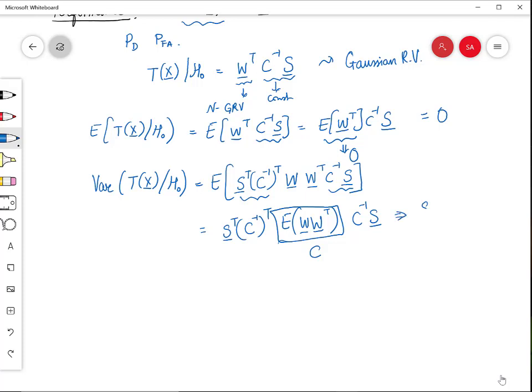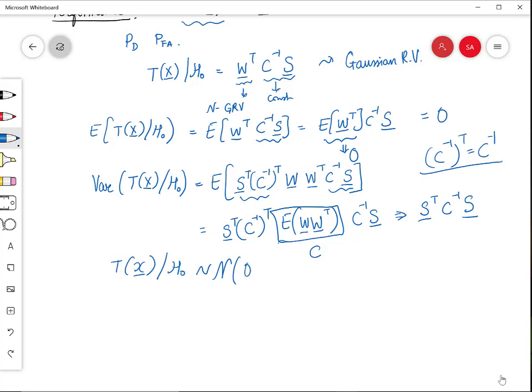This will be equal to S transpose C inverse S, since C inverse transpose is the same because it is a symmetric matrix. So this is my variance. My test statistic T of X under hypothesis H0 is distributed as a Gaussian with mean 0 and variance S transpose C inverse S.